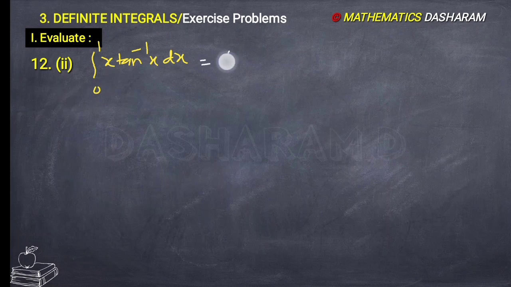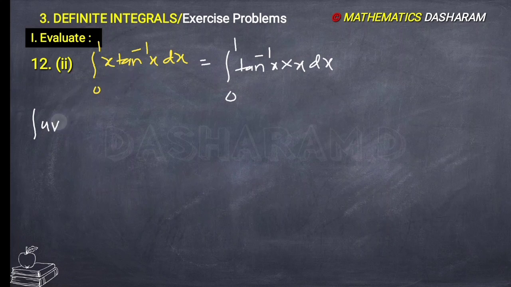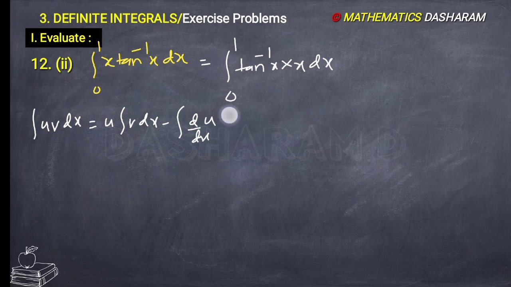So integral 0 to 1, first tan inverse x, next x dx. Now the product formula: integration u into v dx equals u into integration v dx minus integration d by dx of u into integration v dx, whole dx.